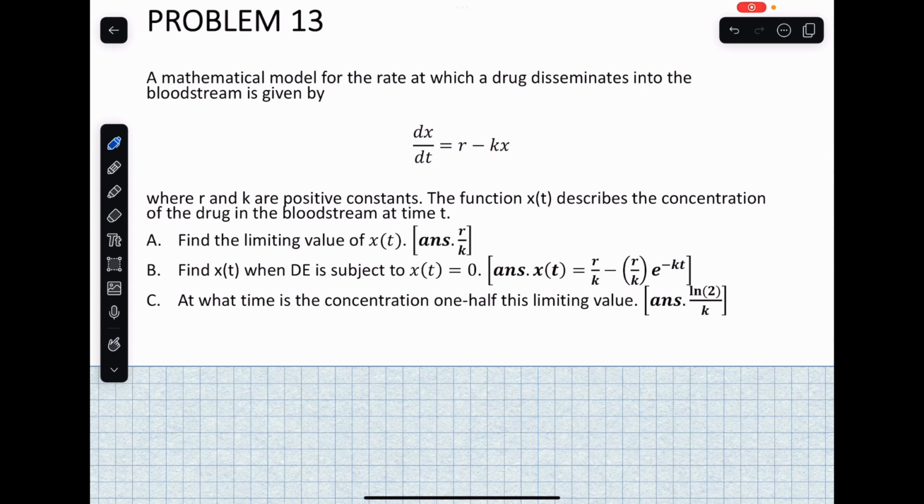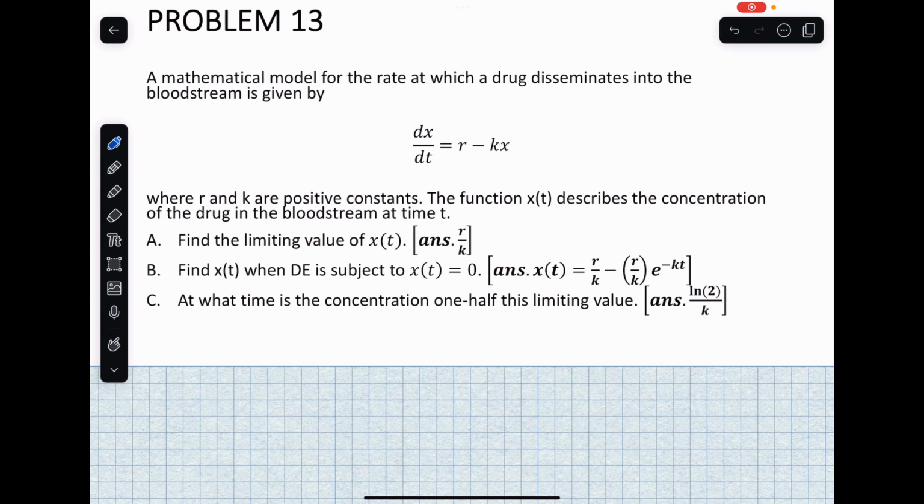So we are given a mathematical model for the rate at which a drug disseminates into the bloodstream, and that is given by dx over dt is equals to r minus kx, where r and k are positive constants, so we treat them as numbers. And then the function x of t describes the concentration of the drug in the bloodstream at time t.